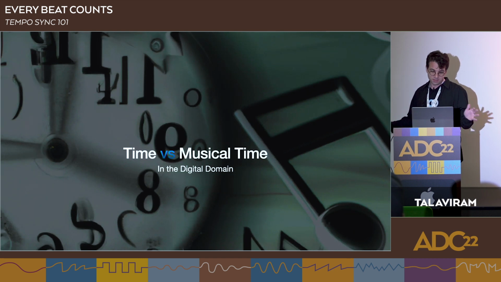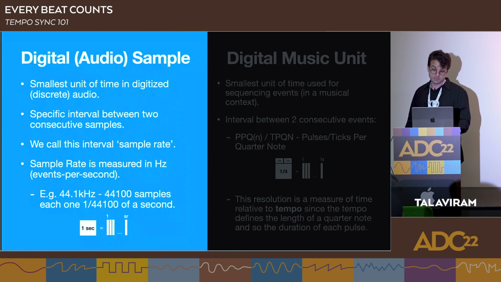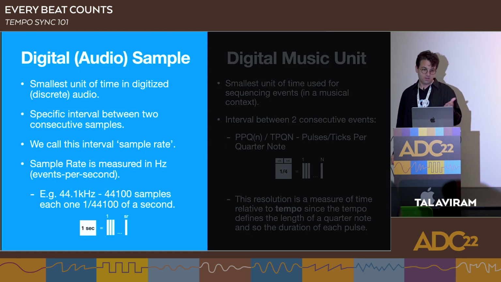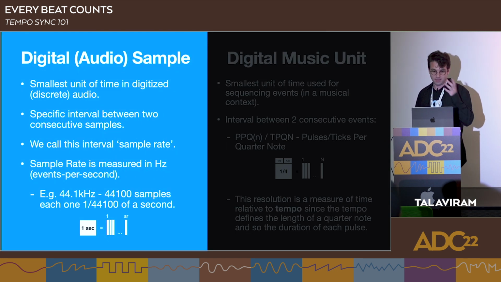Let's add the digital domain, because we are audio developers for software. So, audio sample: I guess everyone in the room knows what it is. Because we are working in the discrete domain, we are sampling the time.